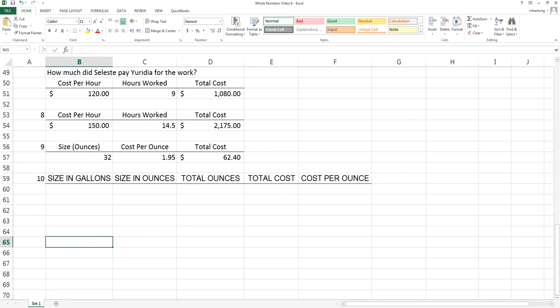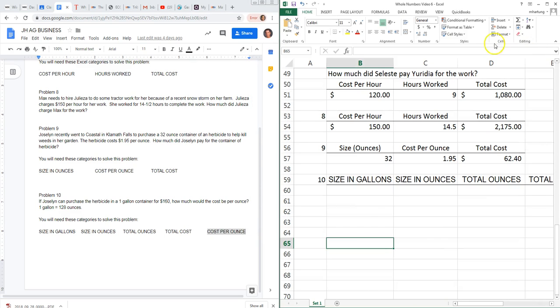Now, once we have our headings, we can go ahead and start doing our calculations. So let's see what we can do here. We have a 1-gallon container. We are given the fact that 1 gallon is equal to 128 ounces.